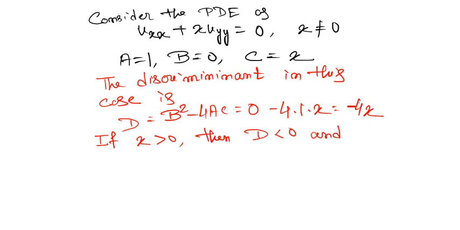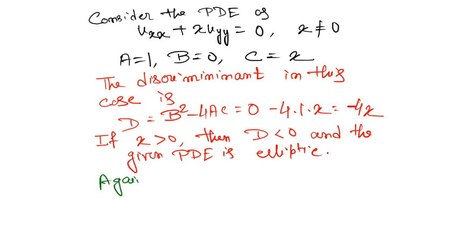and the given PDE is elliptic. Okay, let me take another color, green maybe. Again, if x is negative, then D is positive, right?